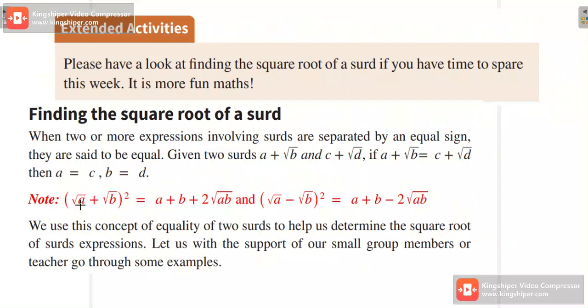That note that root of A plus root of B all squared is equal to A plus B, then plus 2 root of AB. And also root of A minus root of B all squared is equal to A plus B minus 2 root of AB. Let's get these two identities very clear, because it is going to help us to find the square root of a set.